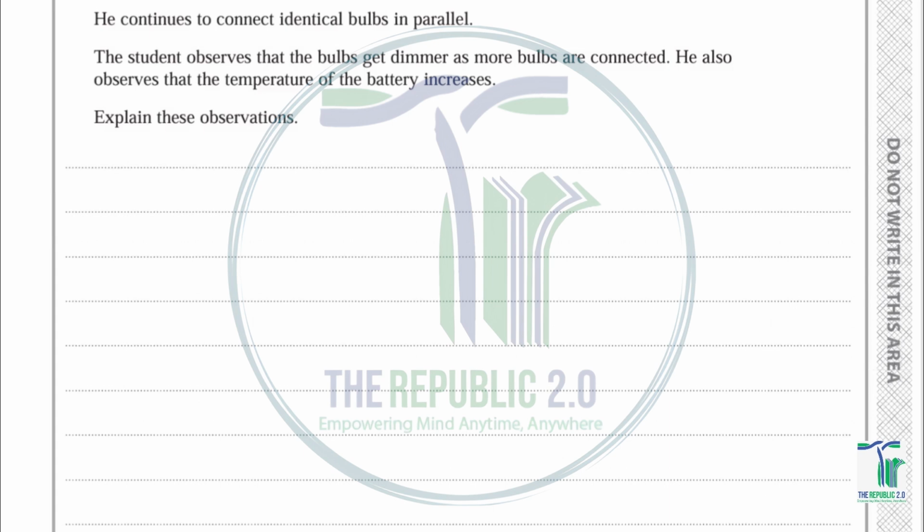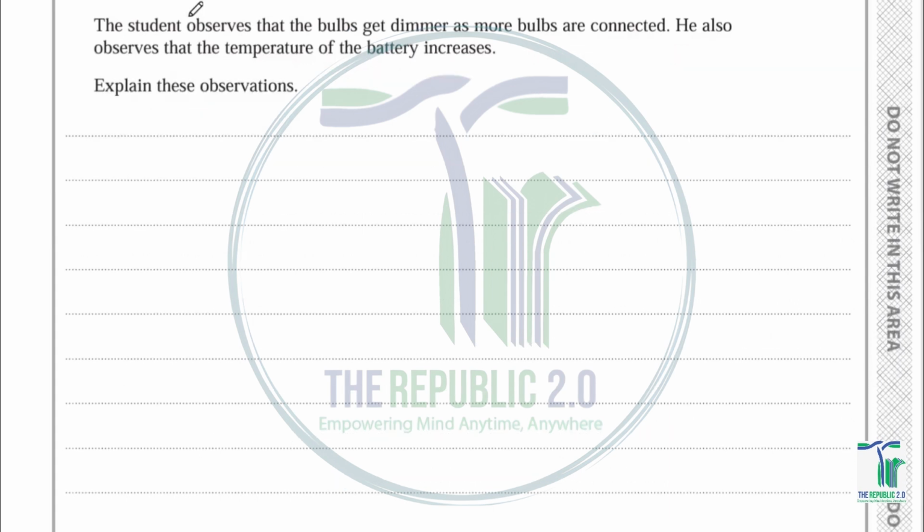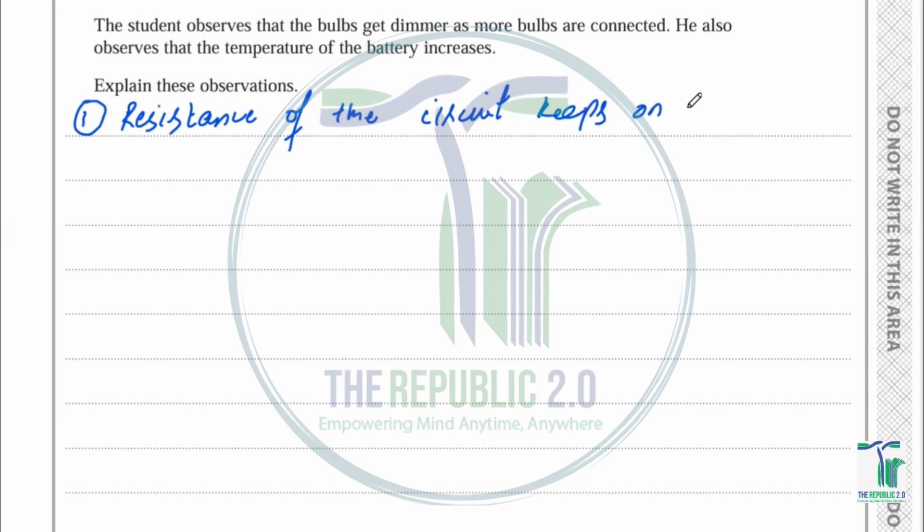Okay, so we'll start with the first point, which is that as the student keeps on connecting bulbs in parallel, the resistance of the circuit keeps on decreasing.